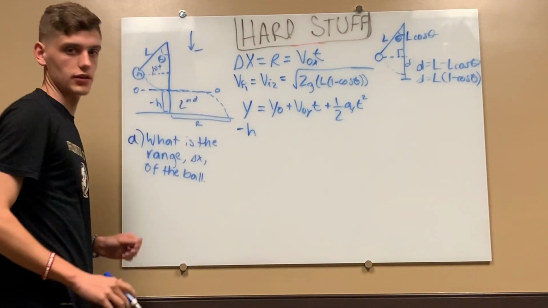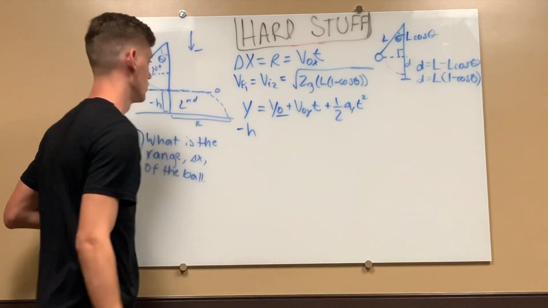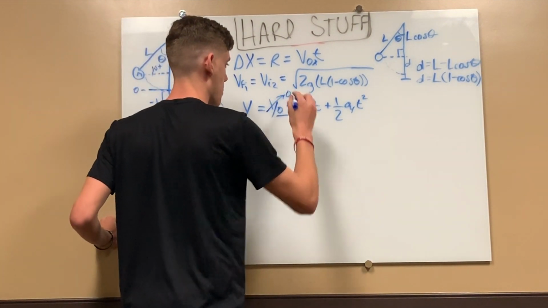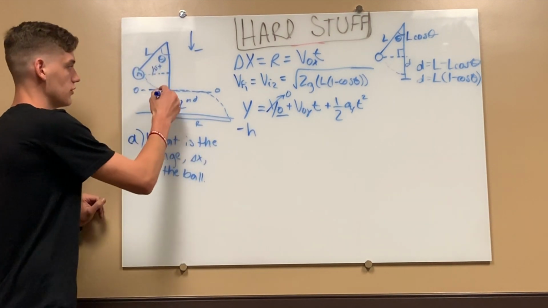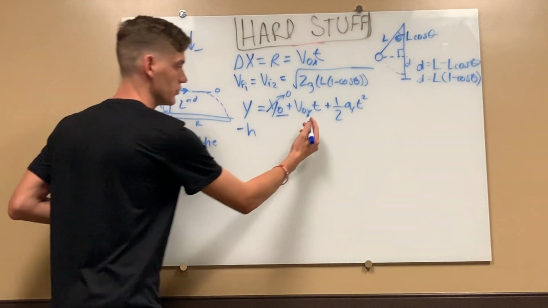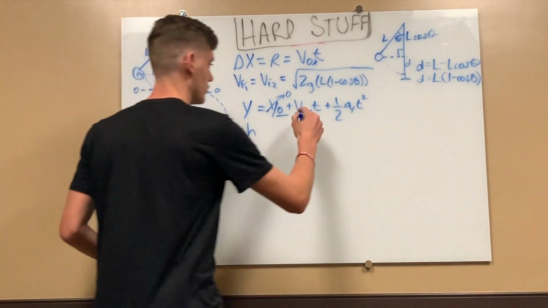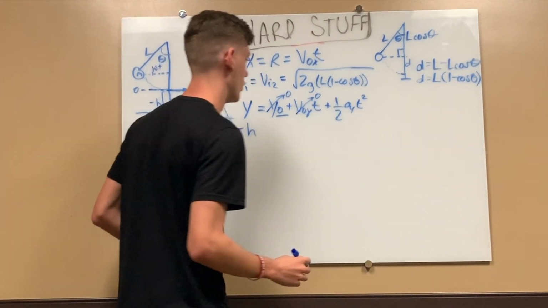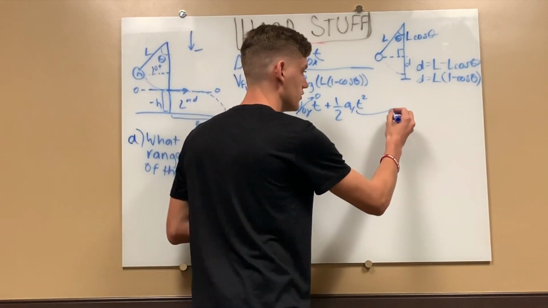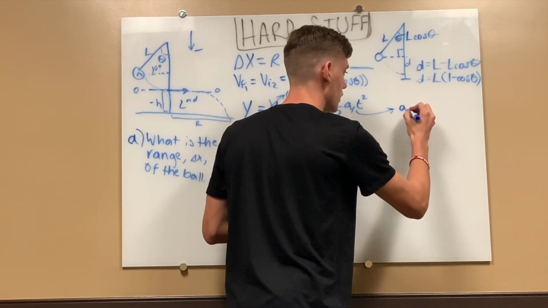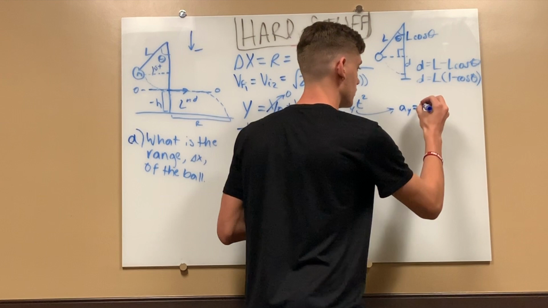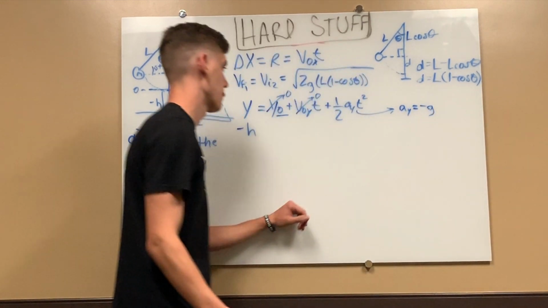At the start of the second system, our y initial, we're at a height 0. So we can cross that out of the equation. And we can assume that this ball is launched completely horizontally so that there is no y component of velocity. So we can cross that out as well. And we know that the acceleration in the y direction, assuming that downward is negative, is just negative g.